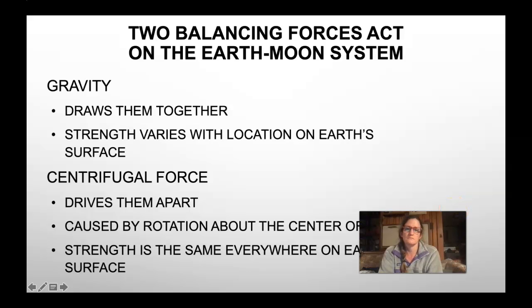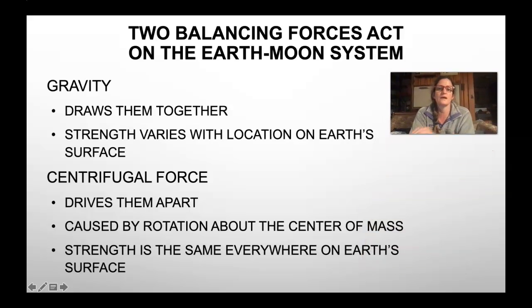Two balancing forces act in the Earth-Moon system. There is gravity that's drawing them together, and the strength is going to vary with location on the Earth's surface, the distance to the Moon, and the elevations and whatnot.